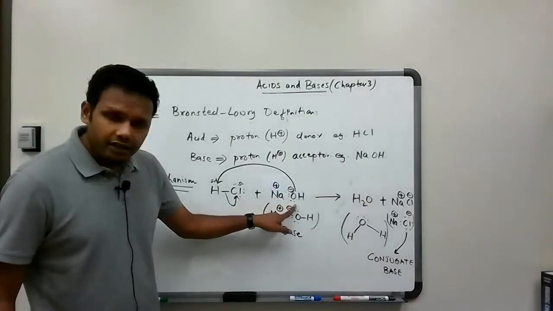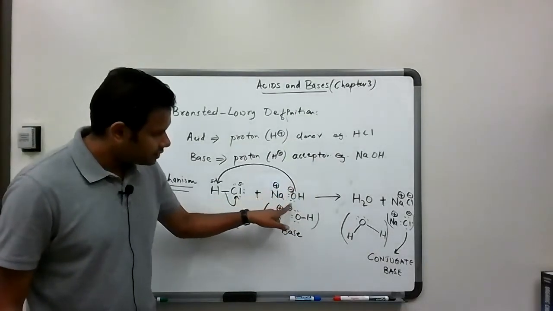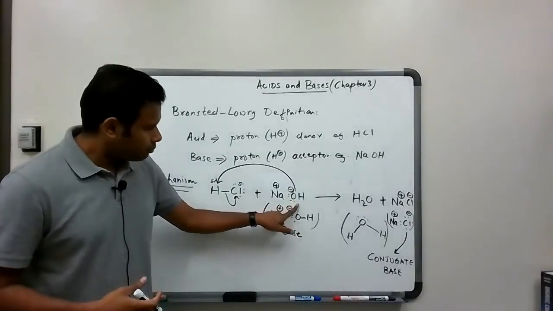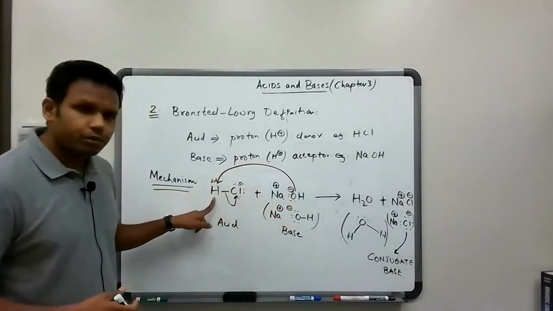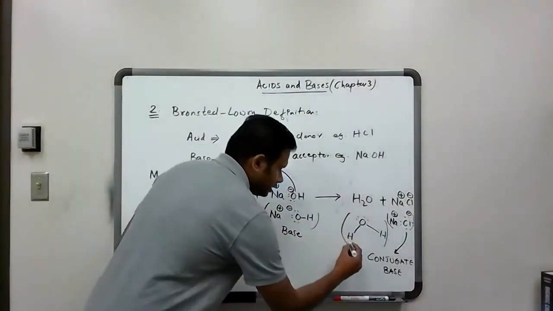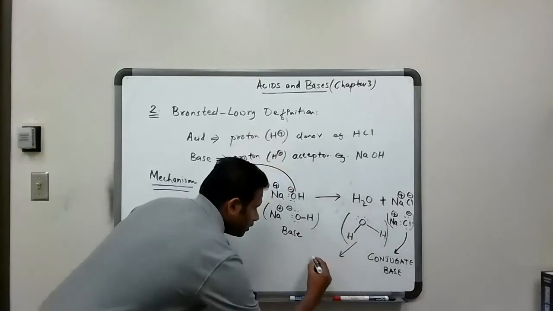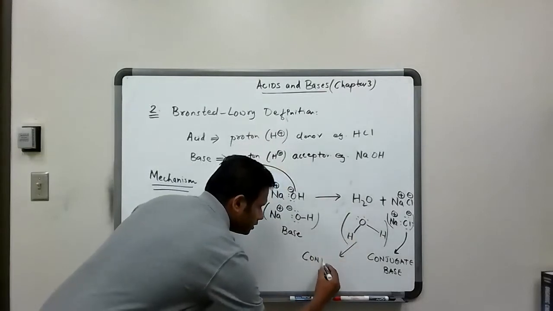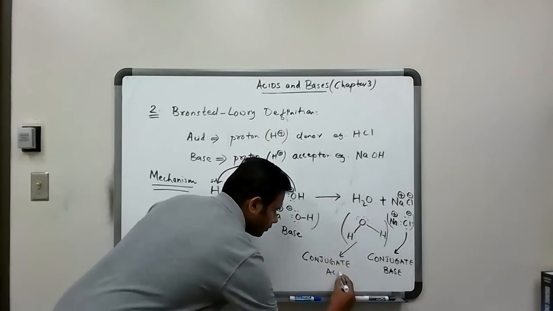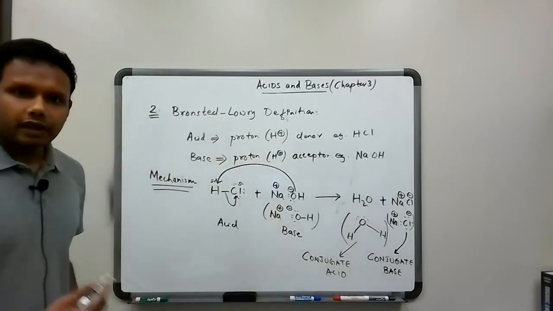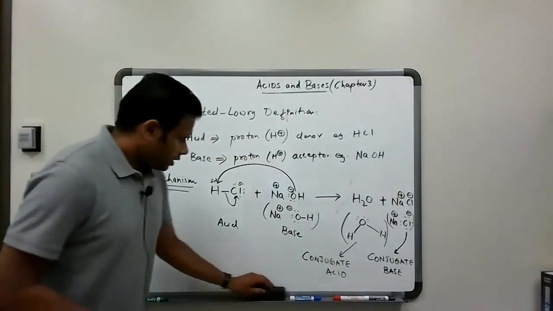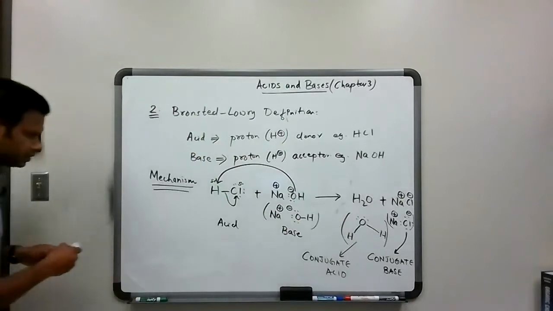Similarly, in this particular case, the real base is the hydroxide. When the base accepts the proton, the resulting species is called a conjugate acid. I'm going to add those definitions here.